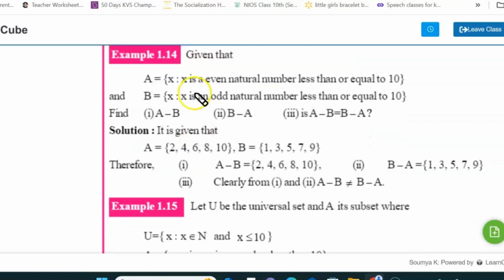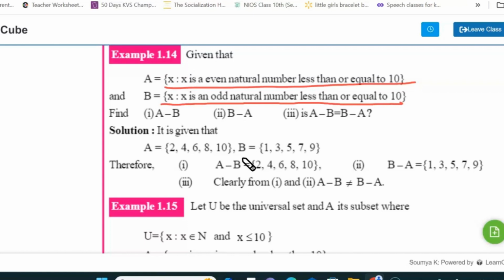Let's see an example. 1.14. Given that A has elements X, where X is an even natural number less than or equal to 10. Then B has odd natural numbers less than or equal to 10. So find out which are those.